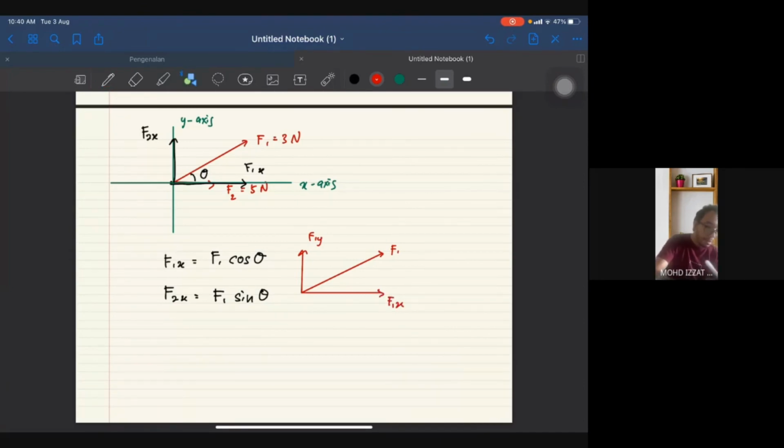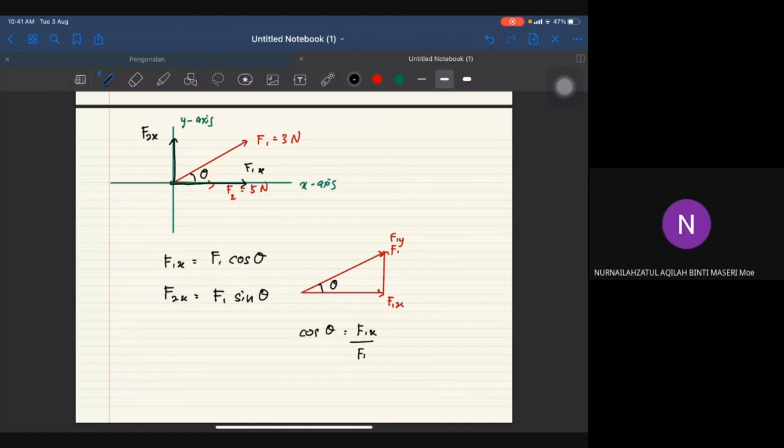Okay, so basically ini yang kamu buat, kamu resolve tadi tu. Daripada mana datang sin dan cos tu? Let's say if I bring this one to this side, okay, so this one becomes a triangle. Kan, tadi dekat tepi tu saya alihkan dia ke sini, jadi a complete triangle. So if I have a theta over here, which I do have, so cos theta is equals to adjacent over hypotenuse.